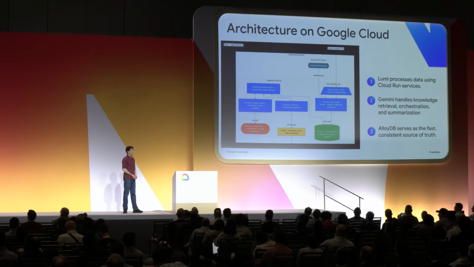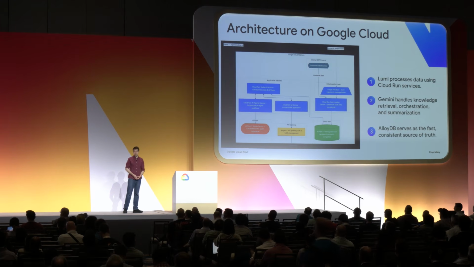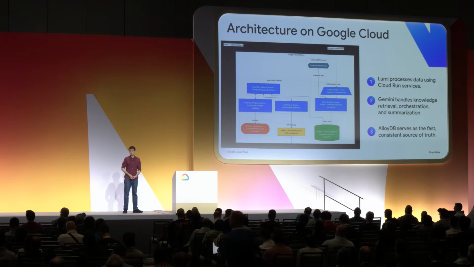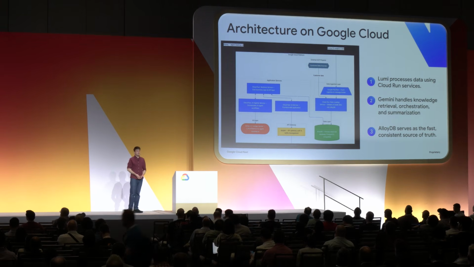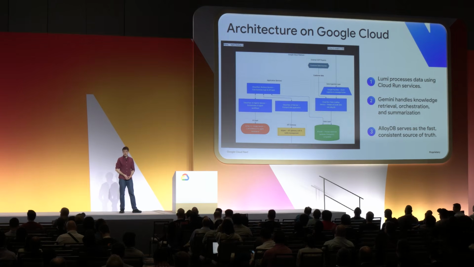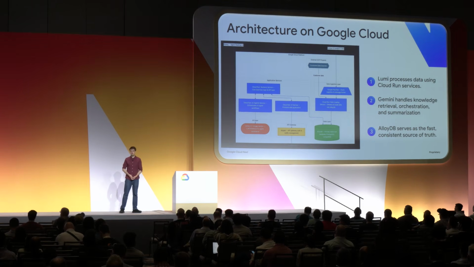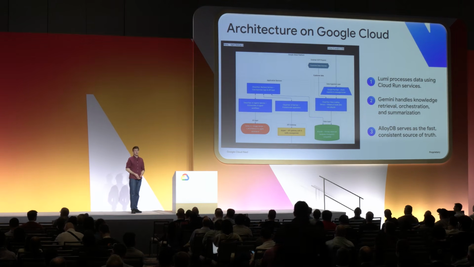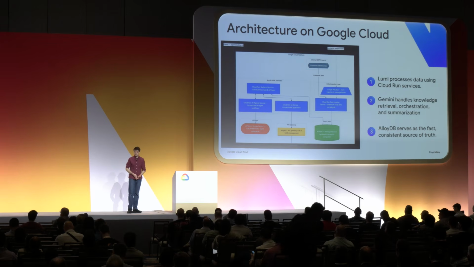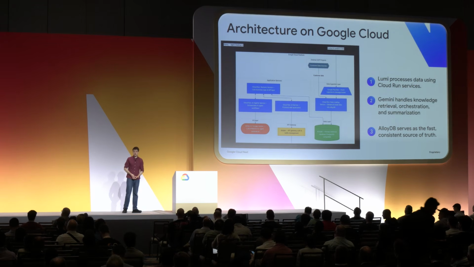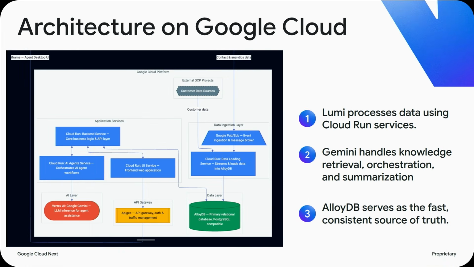Second, Gemini on Vertex handles all of the AI intelligence. Knowledge retrieval, orchestration across tools, and summarization. When a customer rings in and says their TV box isn't working, Gemini parses the intent, pulls the right context into AlloyDB, and decides what agents should do next. And that really is the brain of the operation.